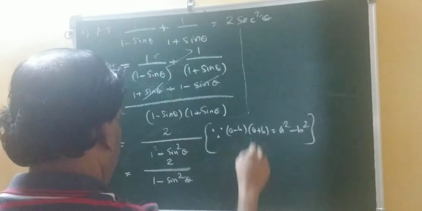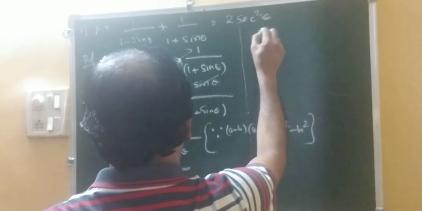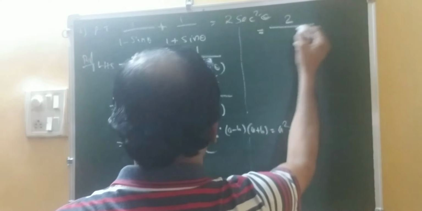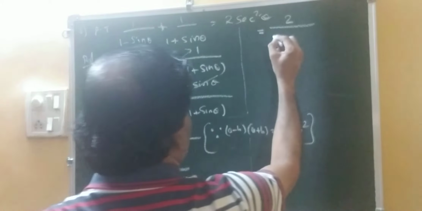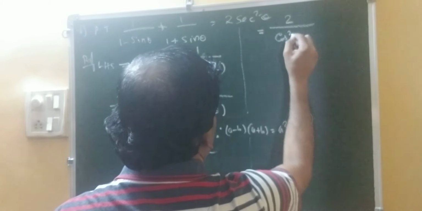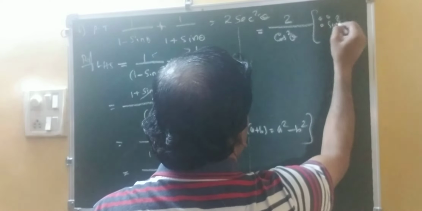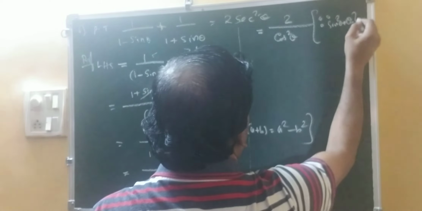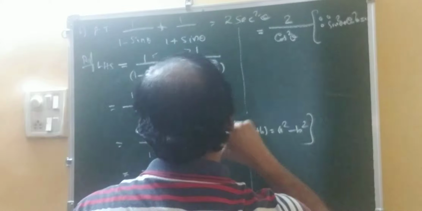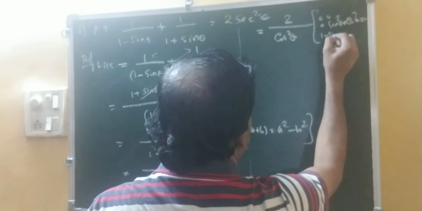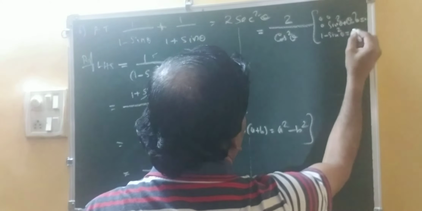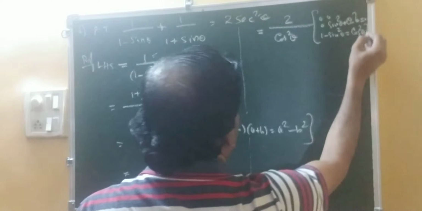So equal to 2 upon, what is 1 minus sin square theta? Cos square theta. What is the reason? Sin square theta plus cos square theta equal to 1. Therefore, 1 minus sin square theta equal to cos square theta.